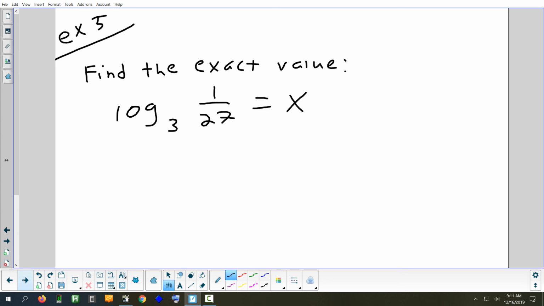Fractions with exponents. We'll go through this one carefully, but it's not too bad. So we know 3 is the base, x is the exponent, and the argument is a fraction. It ends up by itself. Now, solving that is pretty much the same as solving that.